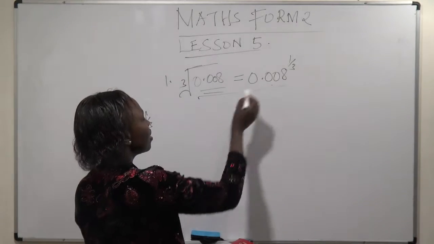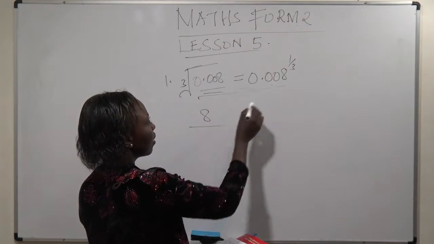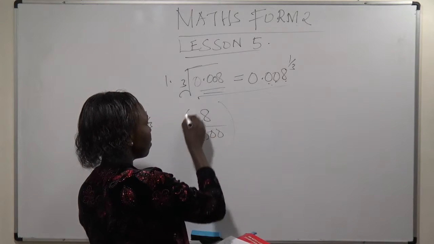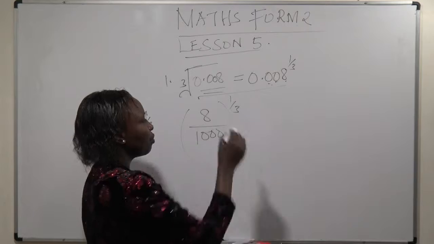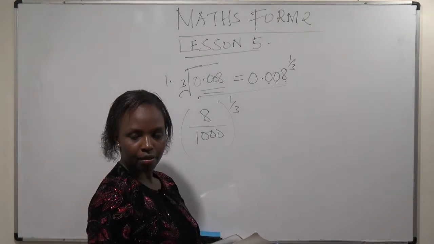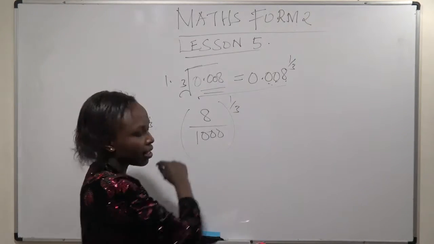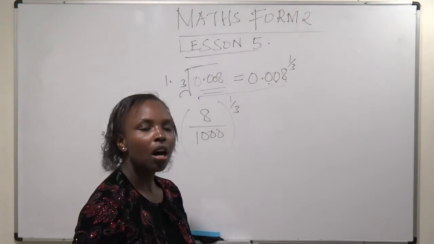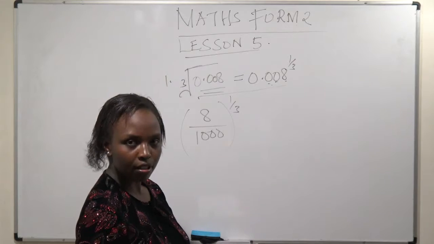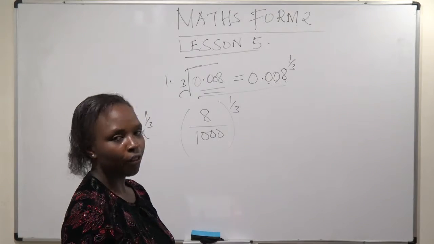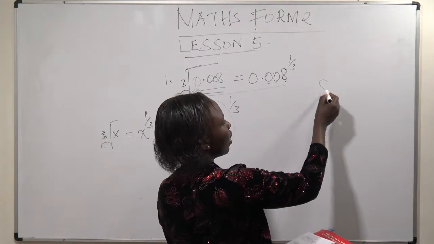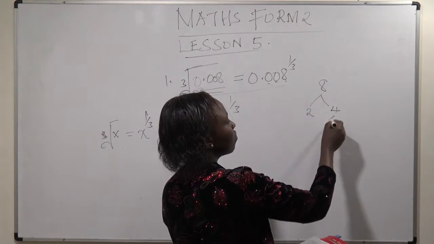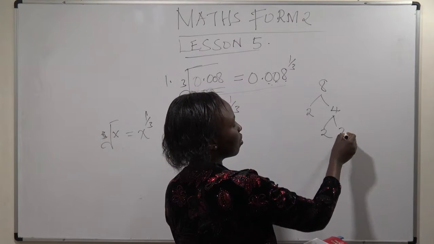Then we write this as 8 over 1000, to the power one third. And remember, we want the cube root of that. Then we rewrite 8 as a product of its factors. I told you that we can use the factor tree method to get the factors of any number. 8 is divisible by 2 to get 4, then divisible by 2 to get 2.